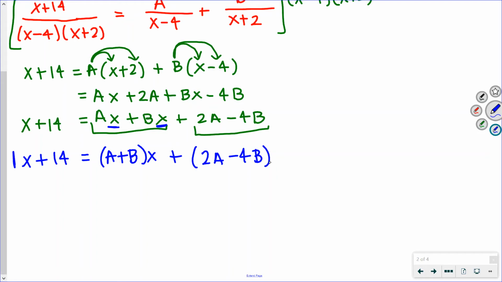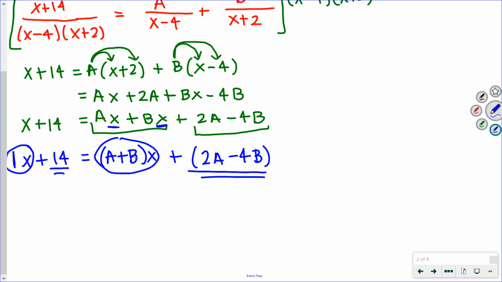So now I have it set up so I can write a system of equations. Notice that 1x and this go together, positive 14 and this piece go together.